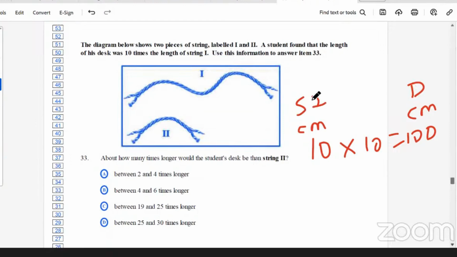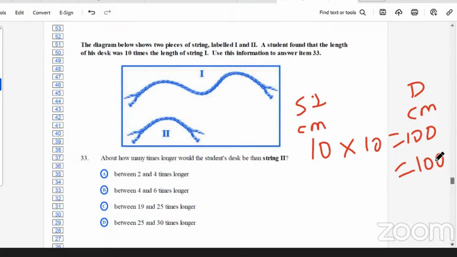Okay, and so for string 2, since it's a shorter string, that means you would need to do it many more times. We would still need it to be 100 centimeters because that's what the desk is, right? But by how much now would we need to multiply the string? If I'm looking at the two strings, I would say that the second one is about half the size of the first.